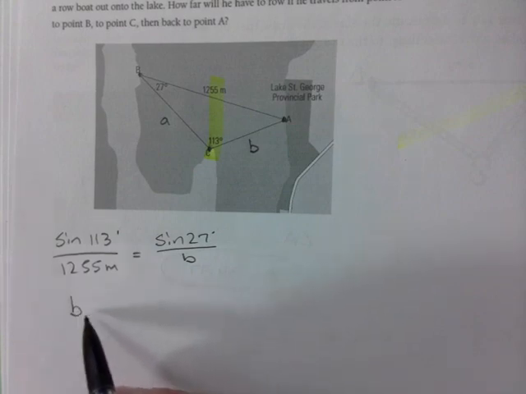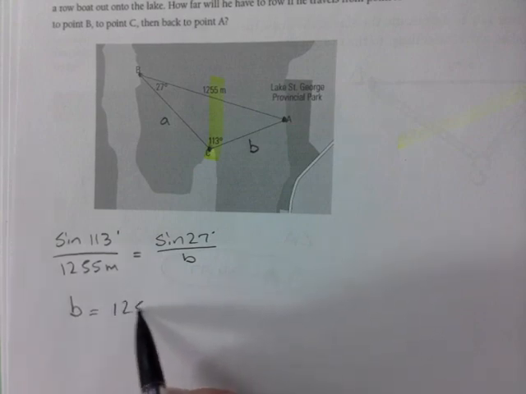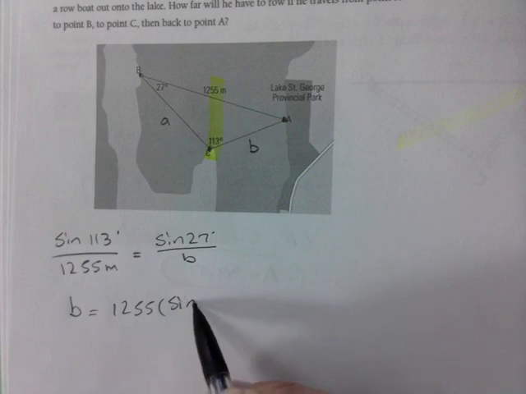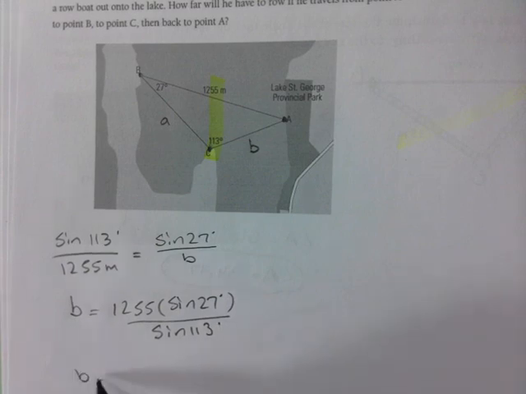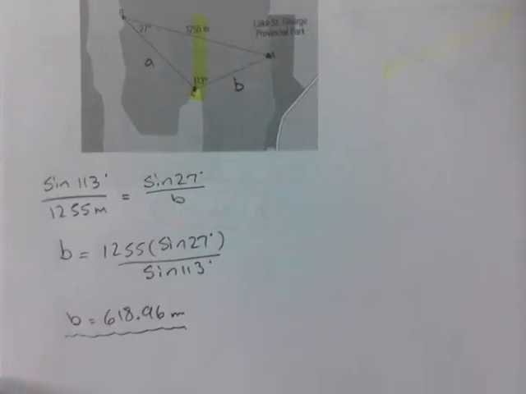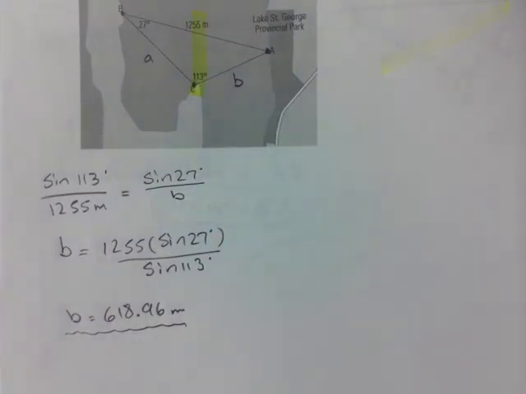So side B is 1255 times sine of 27 divided by sine of 113. And that gives you 618.96 meters. Okay, so this is important, but it's not my final answer yet.